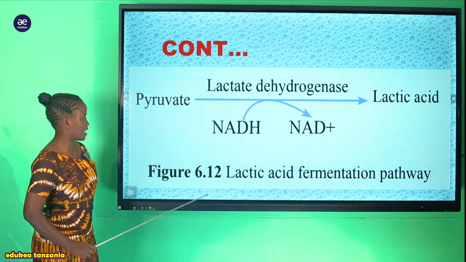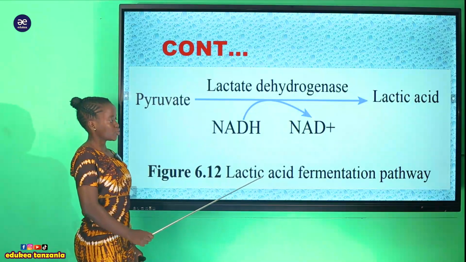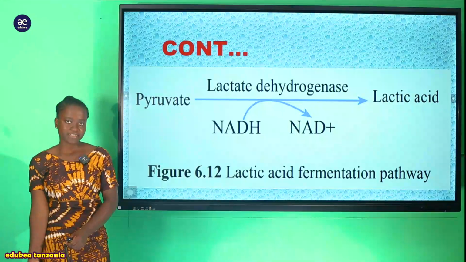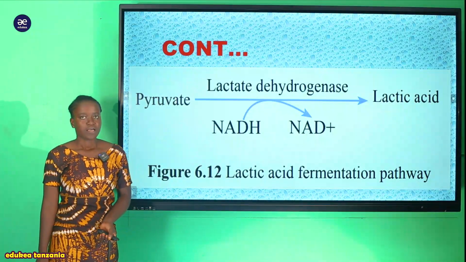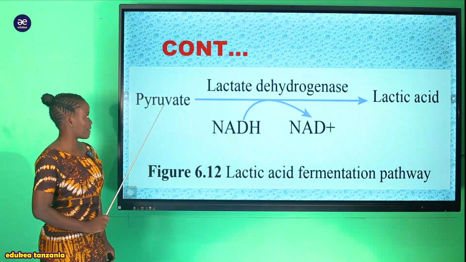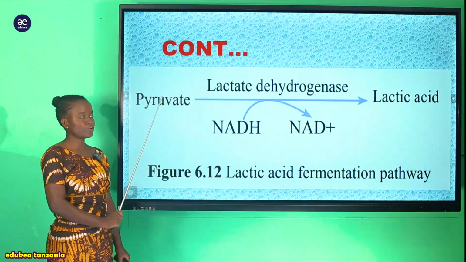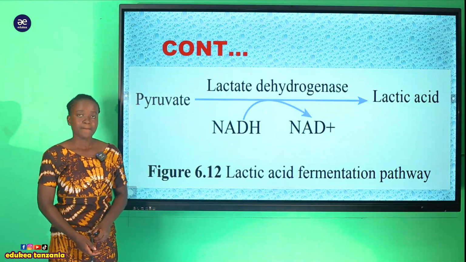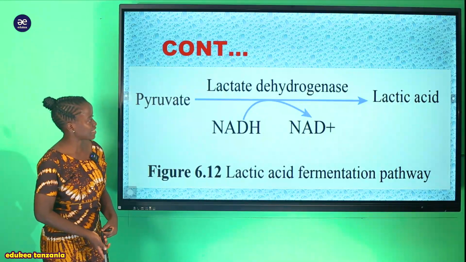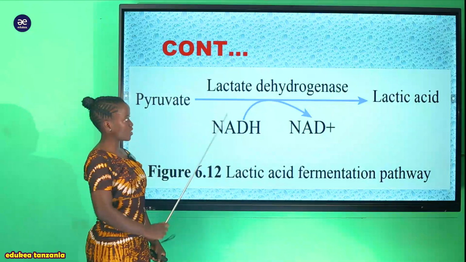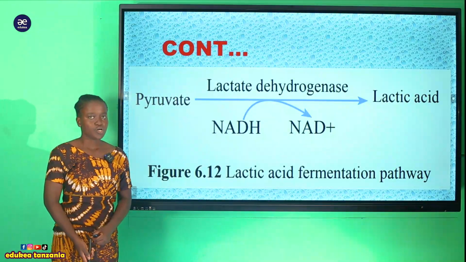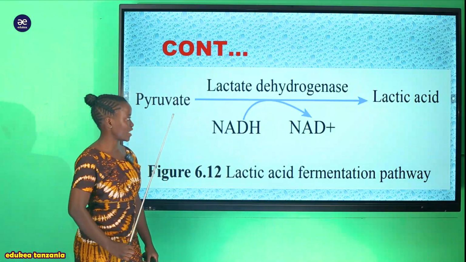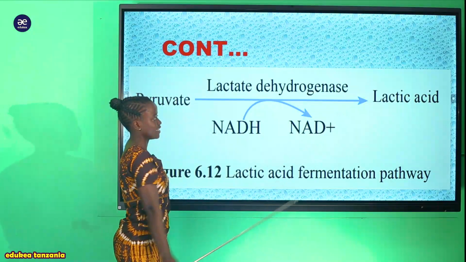You can see that this is our figure 6.12, which shows the lactic acid fermentation pathway until we manufacture the lactic acid. So now you can see that we have our pyruvate au pyruvic acid ambayo imetoka kule kwenye ile glycolysis process. So under the presence of this enzyme ambayo anaitwa lactate dehydrogenase. So huyu lactate dehydrogenase ndiye ambaye sasa ata convert this pyruvate in order to form this lactic acid.